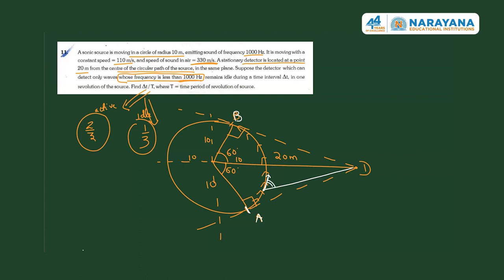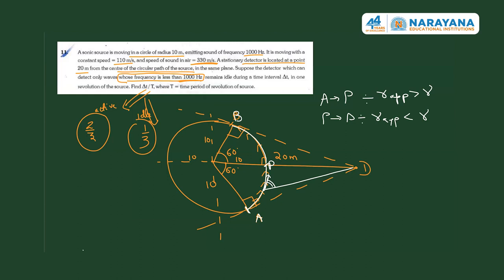So for this patch, while you are moving towards him, you will generate a frequency which is greater than the actual frequency, that is from A to, let's say, point P. A to P, your apparent frequency will be greater than the actual frequency, right? And P to B, it will be less than the actual frequency.